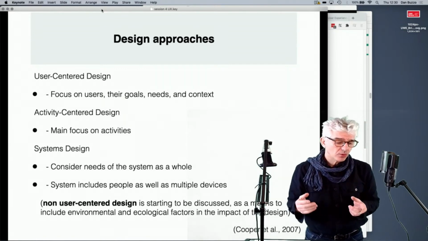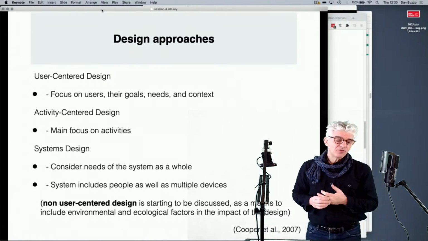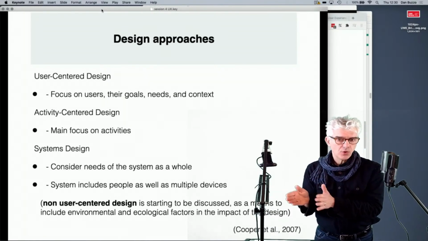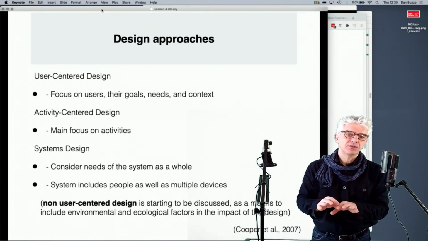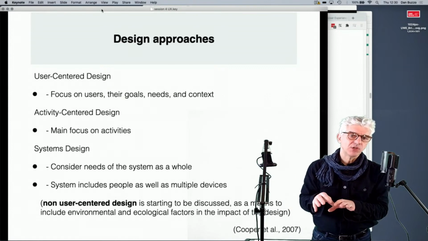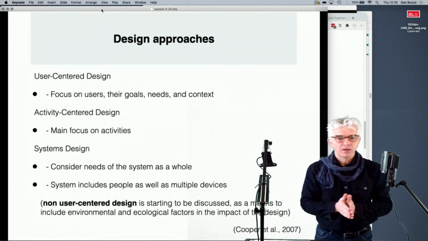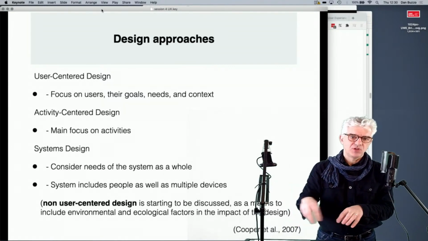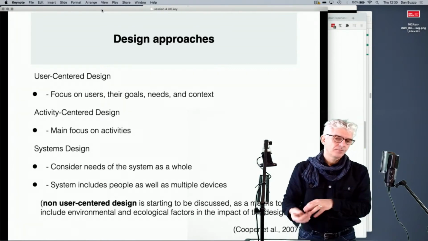We can also take a different design approach, which is activity-centered design, where we move away from the individual users or the goals or their needs and actually look at the activities that are going on and try to design around the activities, and people will come to an activity. If our activity is cycling or traveling on the bus, we focus on the activities and people will come to that activity and then leave the activity, and other people will come to the activity and leave the activity.